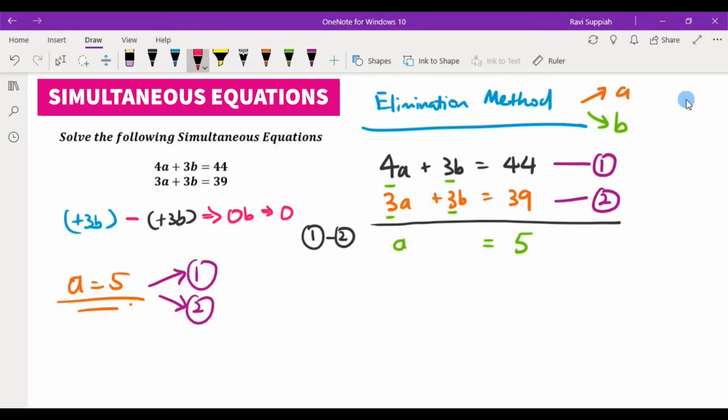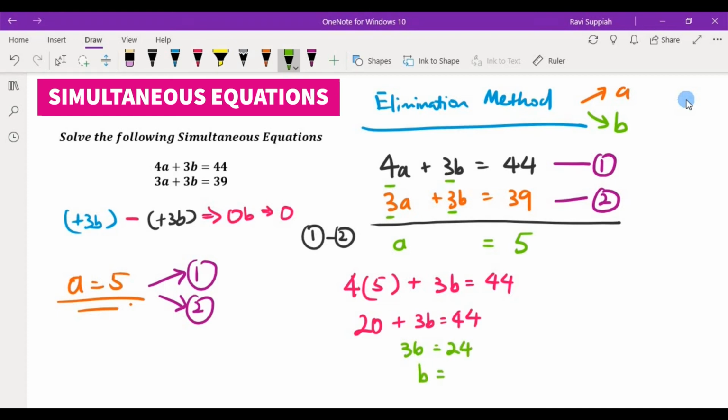I get 4a, which is 5, plus 3b equals 44. So I get 20 plus 3b equals 44. 3b is 44 minus 20, which is 24. So b equals 8.